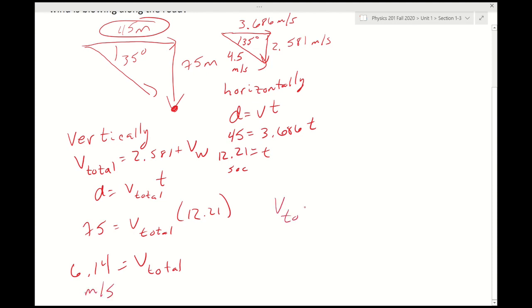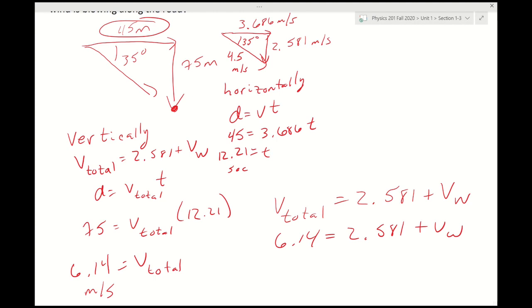Since the total speed is equal to the speed of the chicken along the road, which is 2.581 meters per second, plus the speed of the wind, that means then that the speed of the wind is going to be 3.56 meters per second.